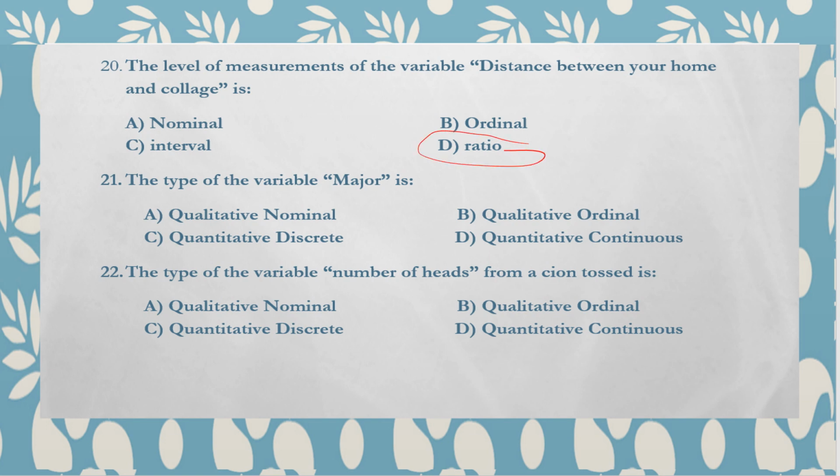The type of variable major. Your majors, for instance, in Faculty of Commerce are accounting, or business, economics, insurance, and so on.